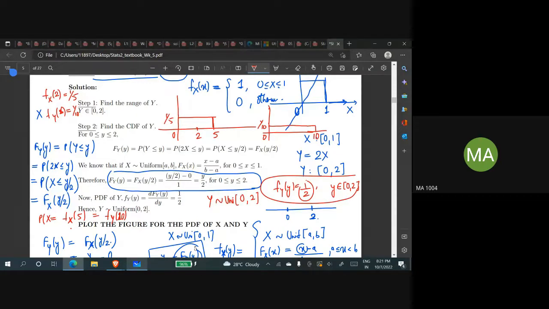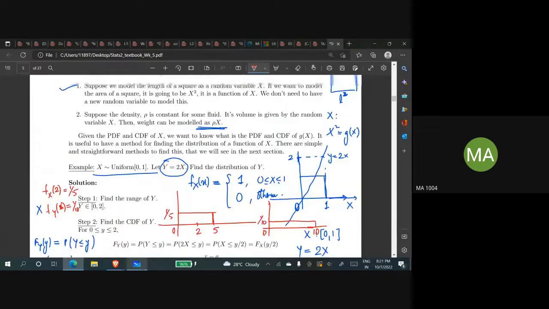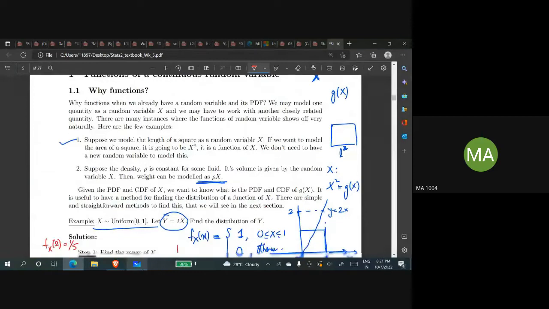Definitely, as we saw in this example, the PDF is not coming to be the same. The PDF is changing. Let's think about it a little more, and we'll see it later.